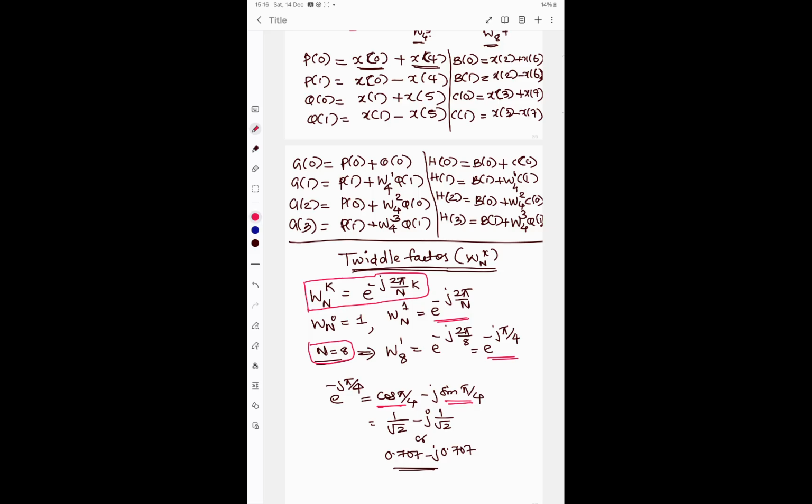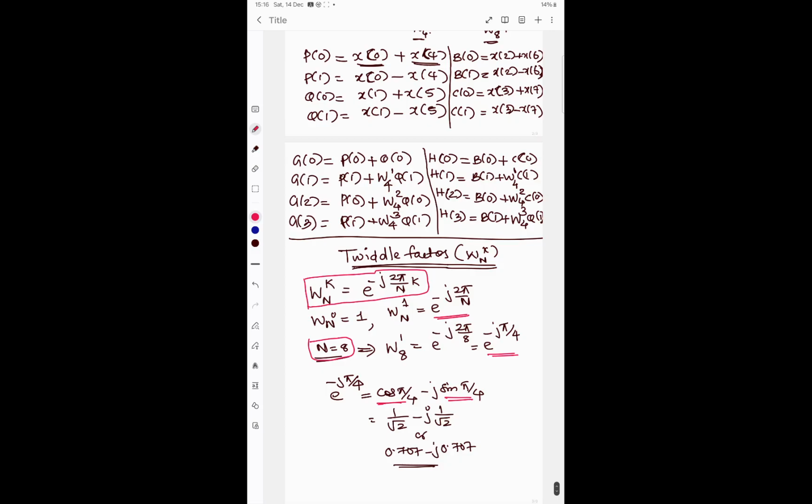By applying this manner, you will be able to find the other values of the twiddle factors such as W8 power 2, which will be minus j, and W8 power 3, which will be minus 1 by root 2 minus j 1 by root 2.